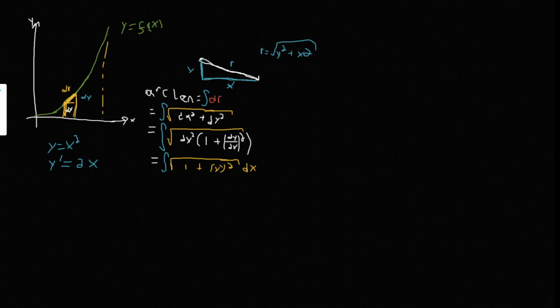So now we could say the integral of the square root of 1 plus y prime, which is 2x, but we need to say the quantity 2x squared. And then we can integrate this with respect to dx.